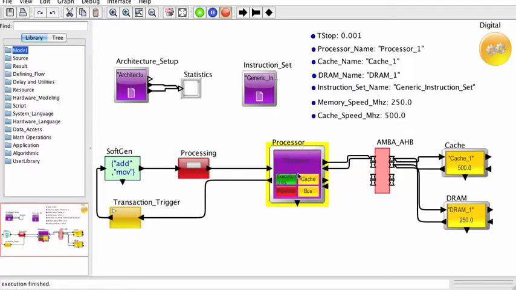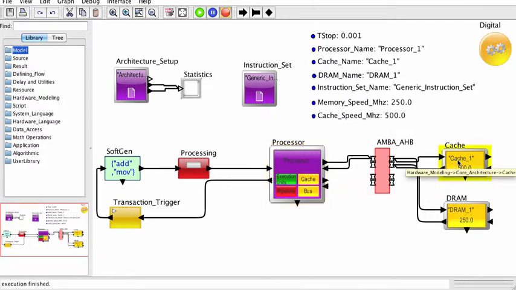During the simulation of these instructions there will be a set of memory references that will be generated, and those memory references will be sent to the cache model, and if the cache model results in a cache miss, it will be sent to the DRAM, and once that is done it will be returned to the processor, which will allow it to continue executing the instructions.